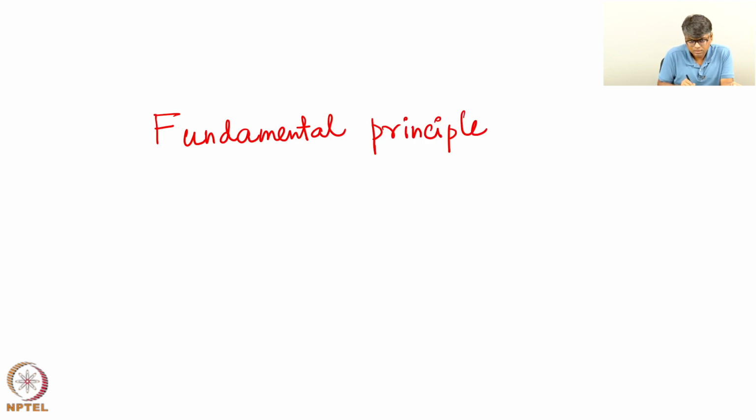The question involves this basic curiosity. I want to solve for something like Ax equal to b. Given a b, when is it guaranteed that an x would exist?